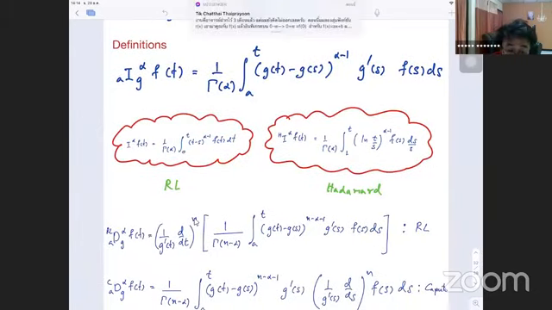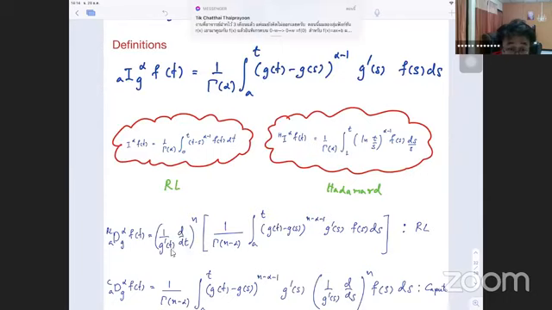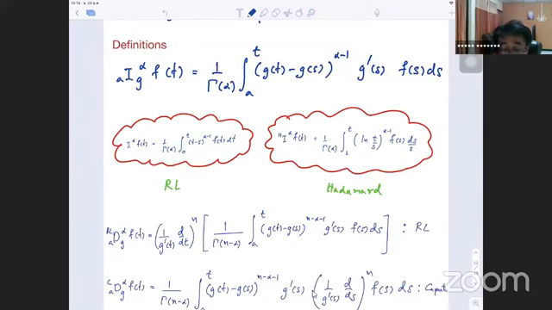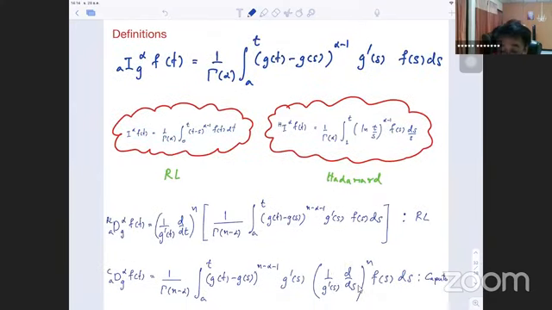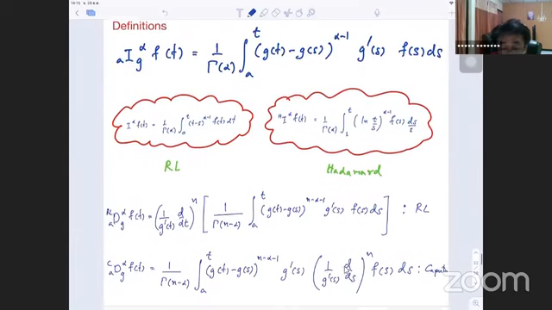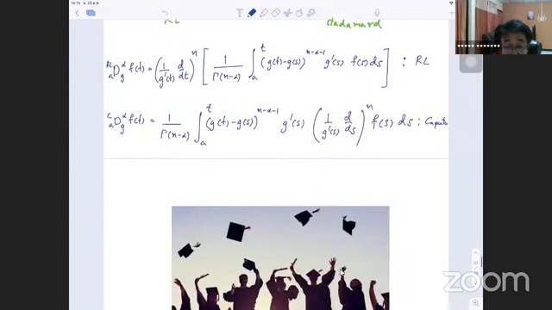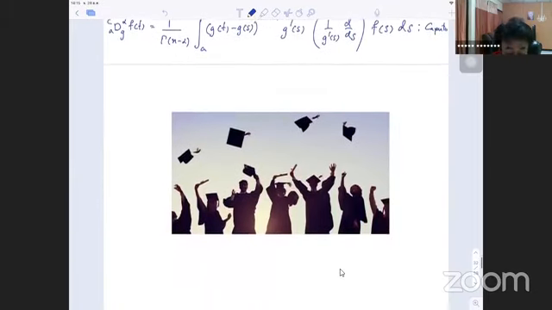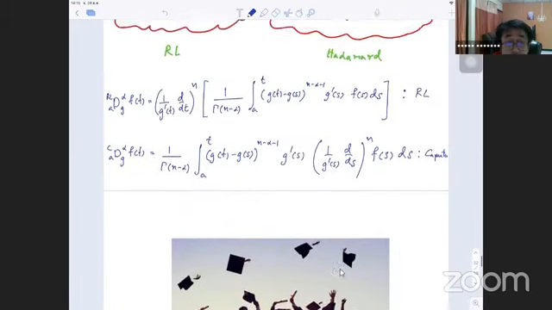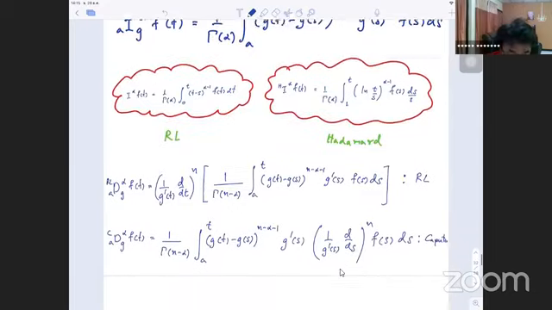Observe that the integer derivative is in the left side and the integer derivative is inside the integration. I think it's finished.